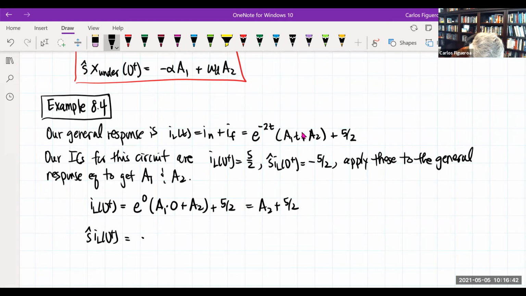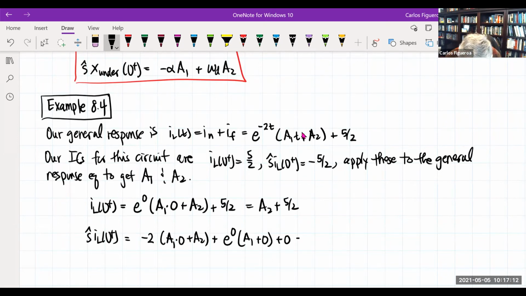So then it's got to be minus 2 times e to the 0 times A1 plus A2, plus e to the 0 times the derivative of the inside, which should give me A1 plus 0, and then plus 0 when I take the derivative of the constant.